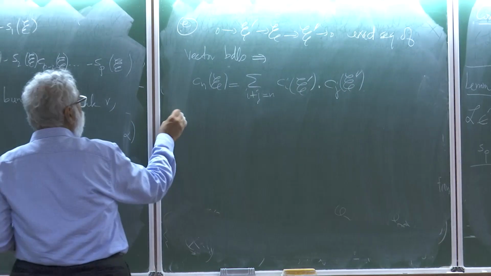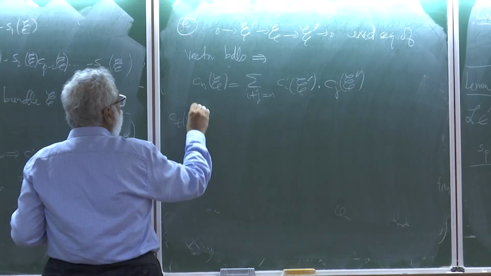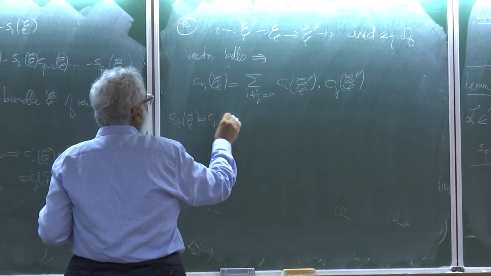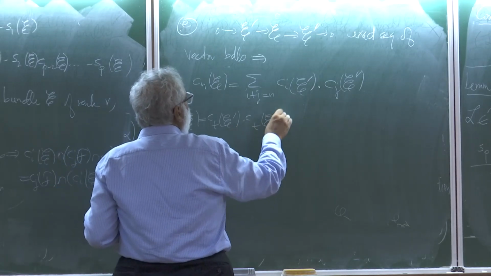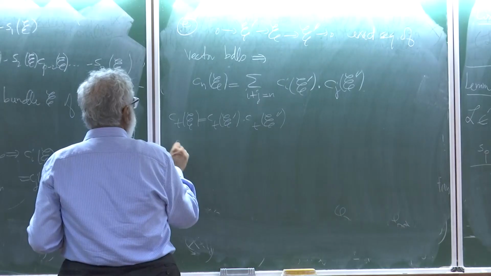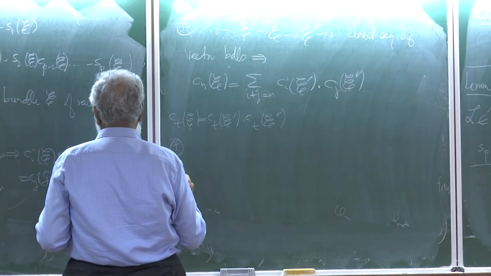In other words, C_t(E) is equal to C_t(E') times C_t(E''). Then let me write two other natural properties.